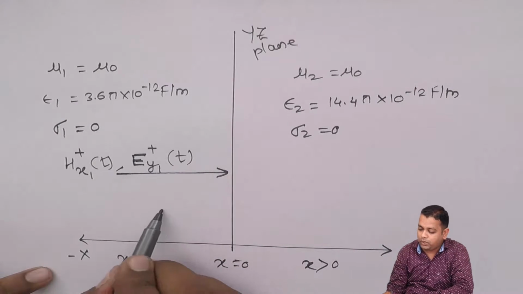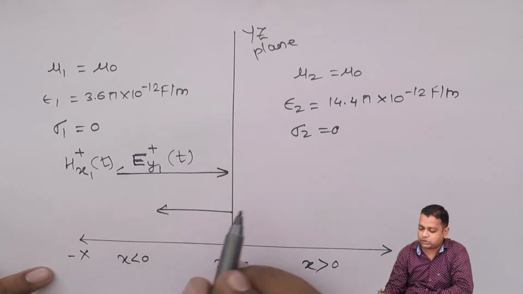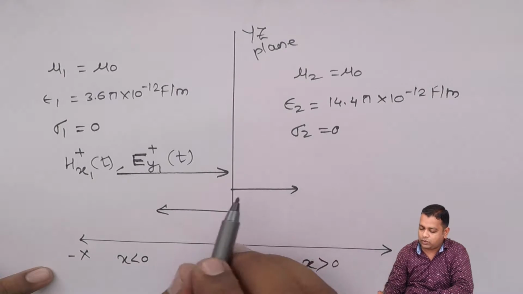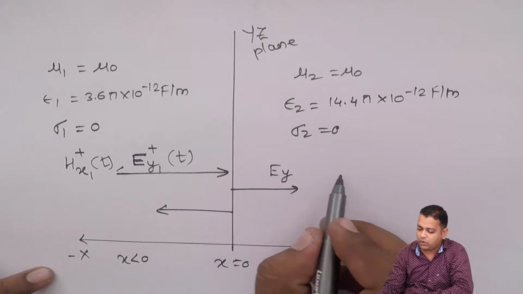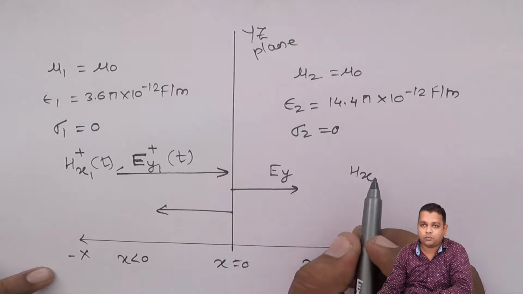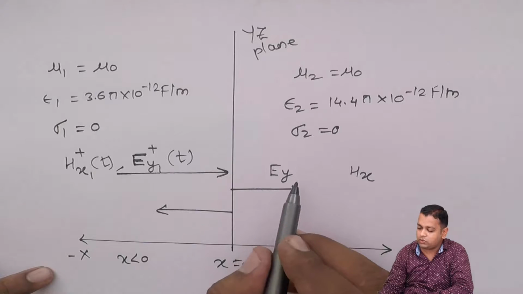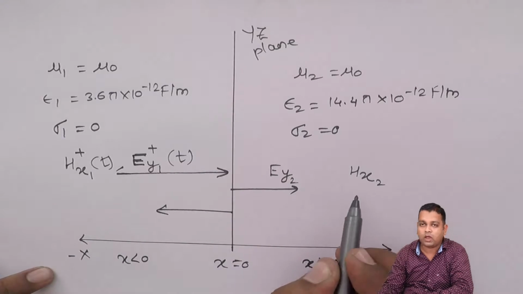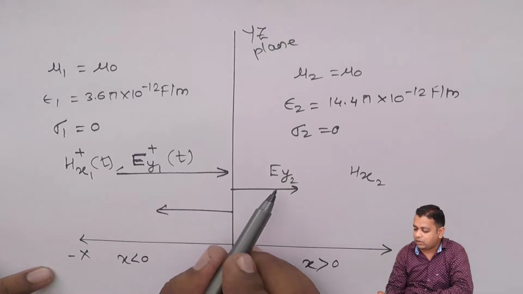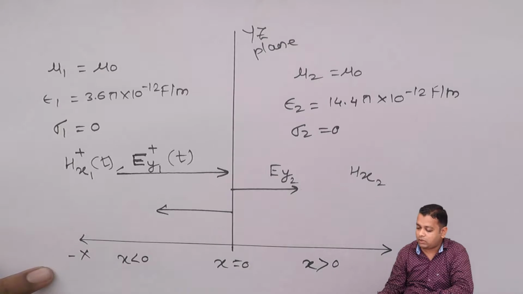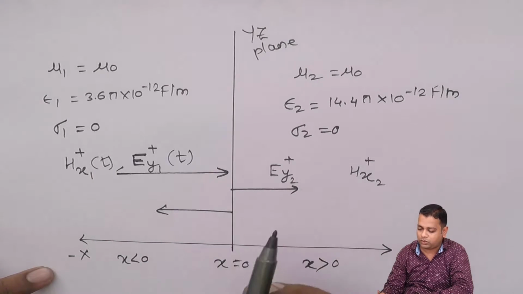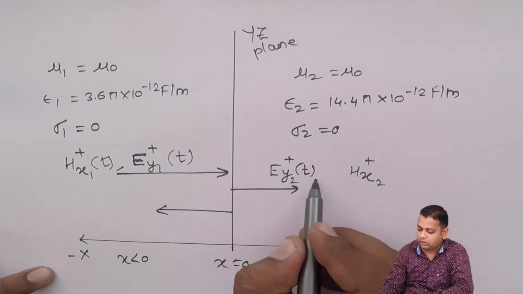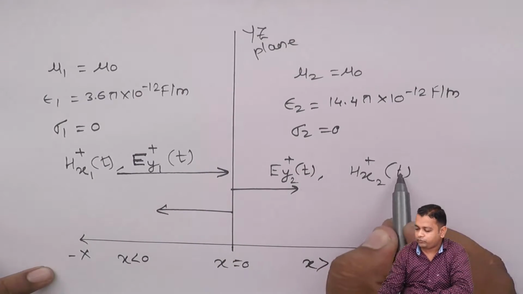So for the transmitted wave, we again have the Ey component and Hx component, but this is in medium 2, region 2, so the suffix 2 has to be given. These are again proceeding towards the positive direction of x, so we shall be giving positive polarity over their head. They will again be functions of time.